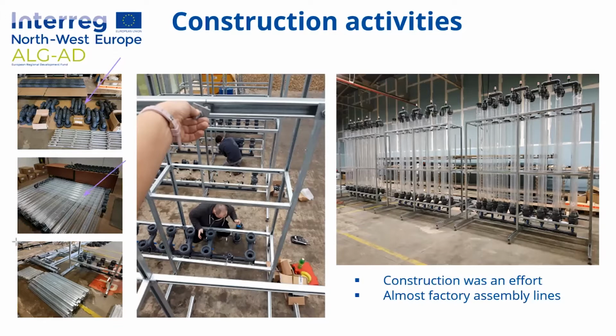In the bottom left-hand side, sorry, you can see the frames in pieces ready to be constructed into the overall framework. And then in the center part of the screen, here you can see a frame being constructed. See Tom at the bottom here installing the base sections for the tubes, and you'll see that there's a central collector tube at the bottom there, and that's for draining purposes and cleaning purposes.